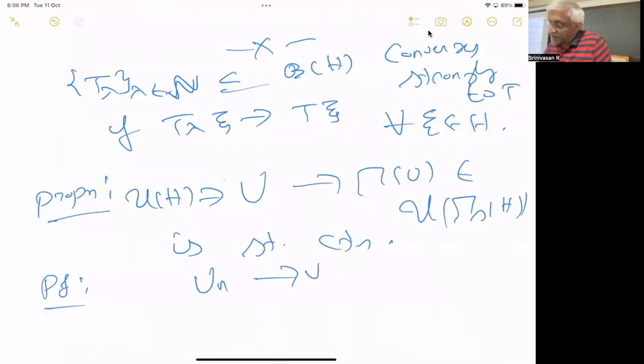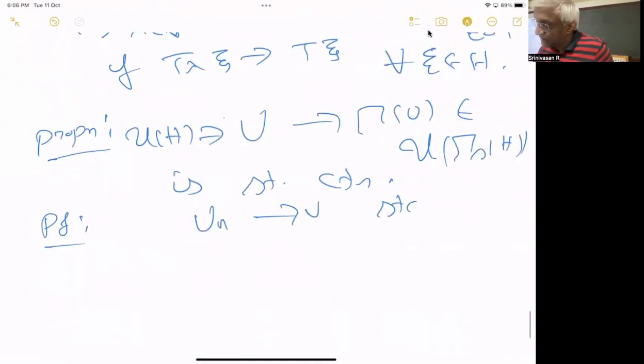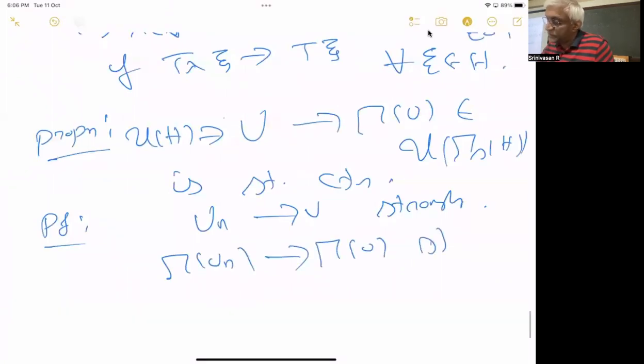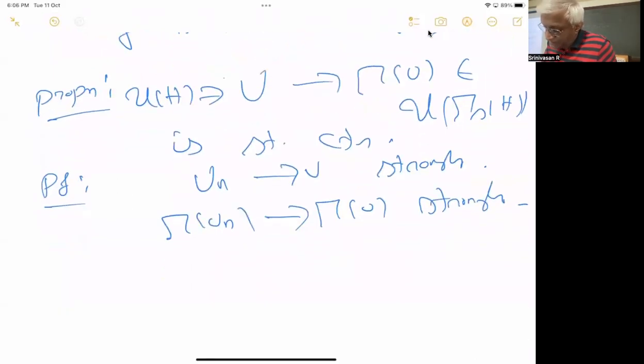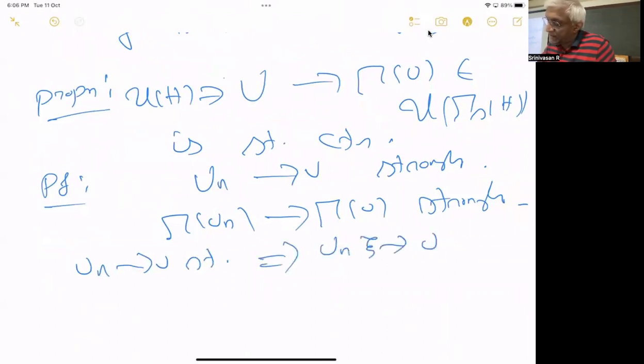Okay, let us see. U_n converging strongly means, I think, here also with the strong topology and here also with the strong topology. Then gamma(U_n) will converge to gamma(U) strongly. That's what I mean. So U_n converges to U strongly implies U_n xi goes to U xi for all xi.